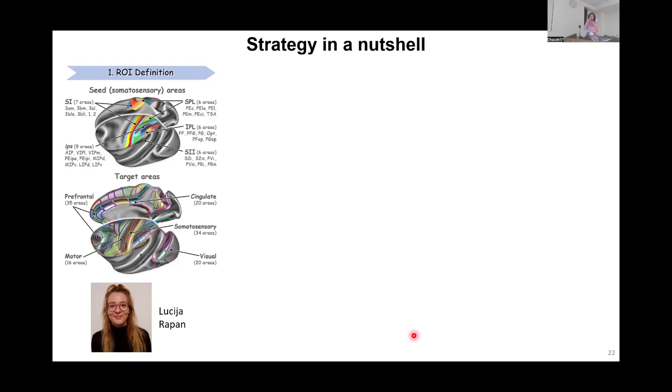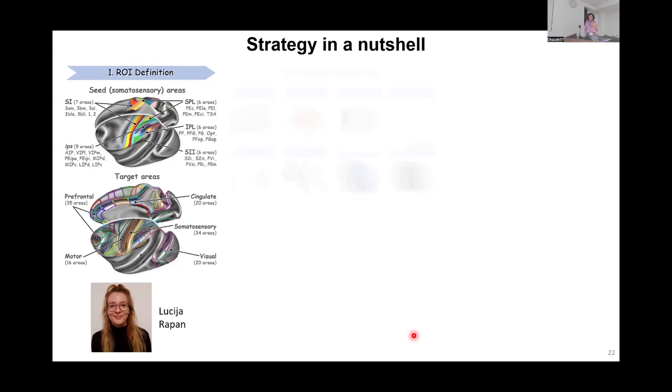Here I want to show a photograph of Luthia, which is another postdoc in my group, and she basically mapped the entire frontal lobe. She's also been involved in the mapping of the occipital lobe and the cingulate cortex. So I'd like to acknowledge her work at this point.